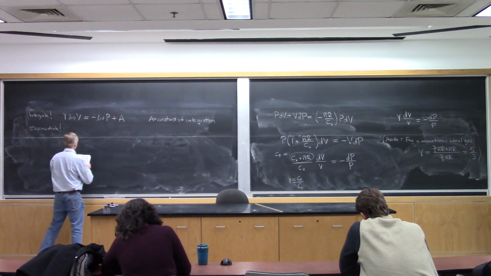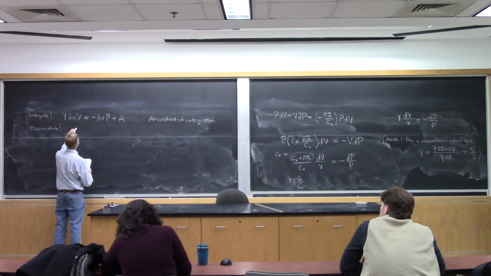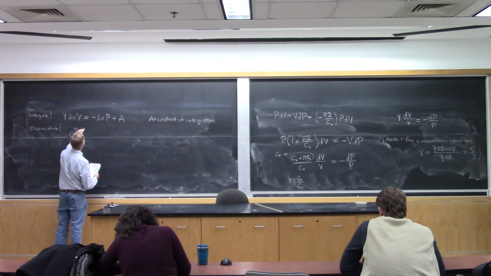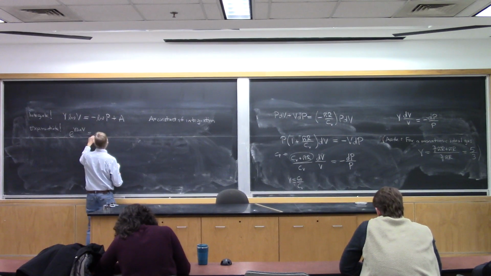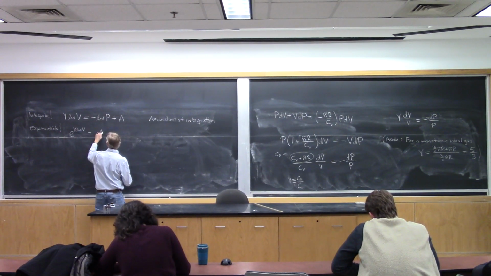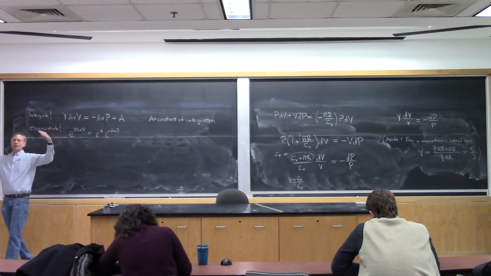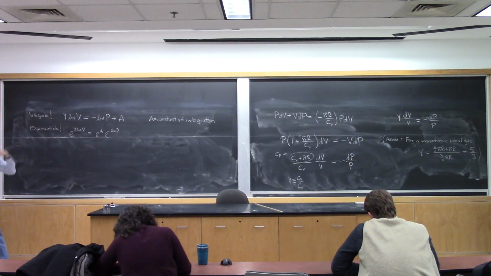Exponentiate. So this says that, well, this was supposed to be very explicit, e to the gamma natural log v is equal to e to the a times e to the minus log p, right? Because e to the a plus b quantity is e to the a times e to the b. So I've used that on the right-hand side.